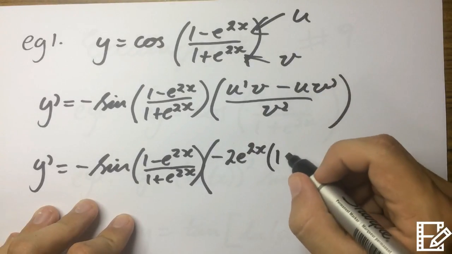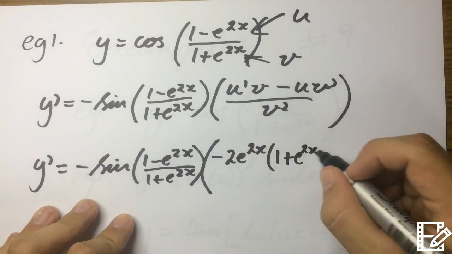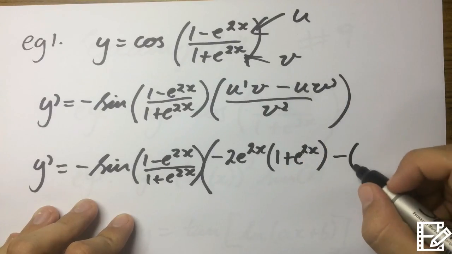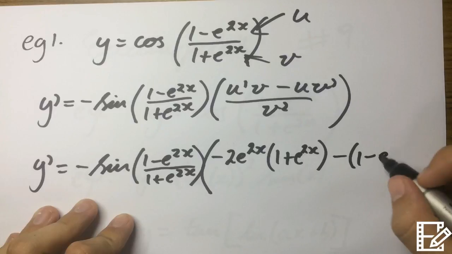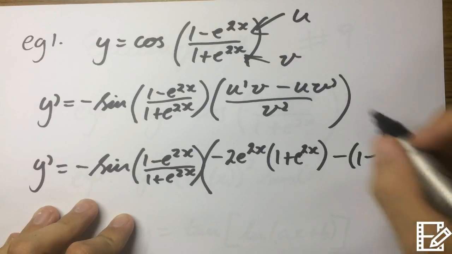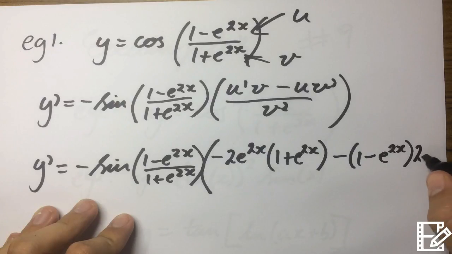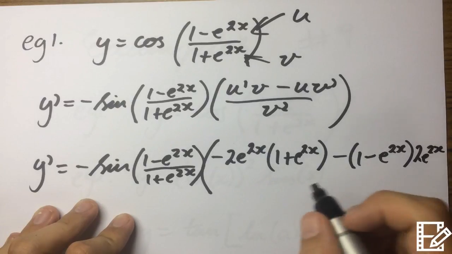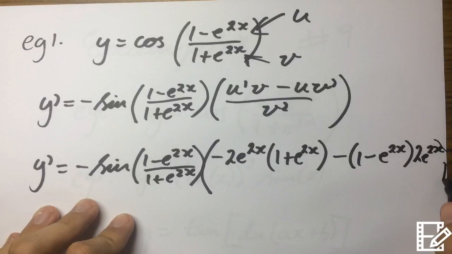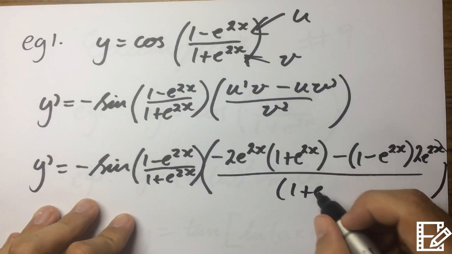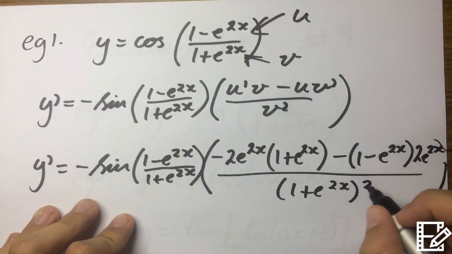Write out v. v is 1 plus e to the power of 2x, and minus u, 1 minus e to the power of 2x, times the derivative of v. The derivative of e to the power of 2x is 2e^2x, all over v squared, (1 plus e to the power of 2x) squared.